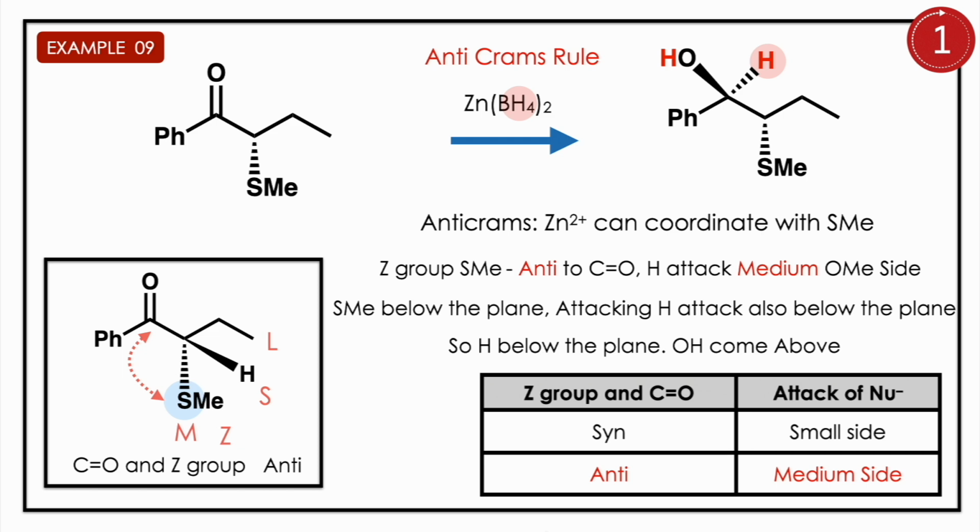Here the medium group is S-methyl, which is below the plane. So the nucleophile attacks below the plane. Hydrogen attacks below the plane. OH comes above. That is your final product. The concept you have to learn here is that sulfur also can coordinate, which involves anti-Cram's rule.